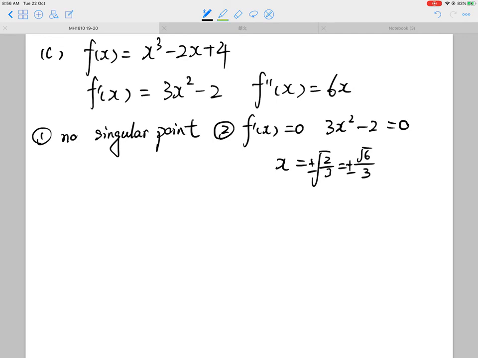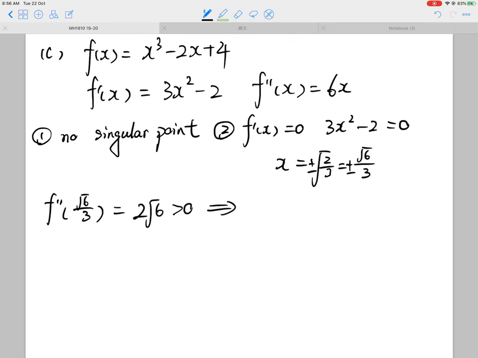So you have two stationary points. Then what about their second order derivative? The second order derivative is 6x, it's 2 square root of 6, which is greater than 0.